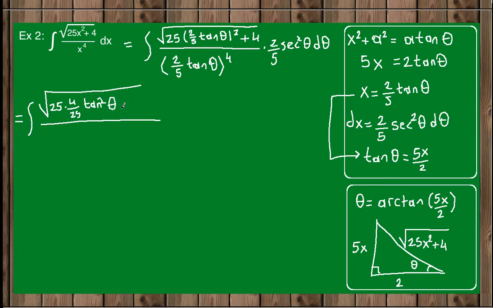We have plus 4 here, and 2/5 raised to the 4th power is 2 to the 4th power, 16, over 5 to the 4th power, 625, and this is tangent 4th of theta. And we have dx here, which is 2/5 secant squared theta d theta.